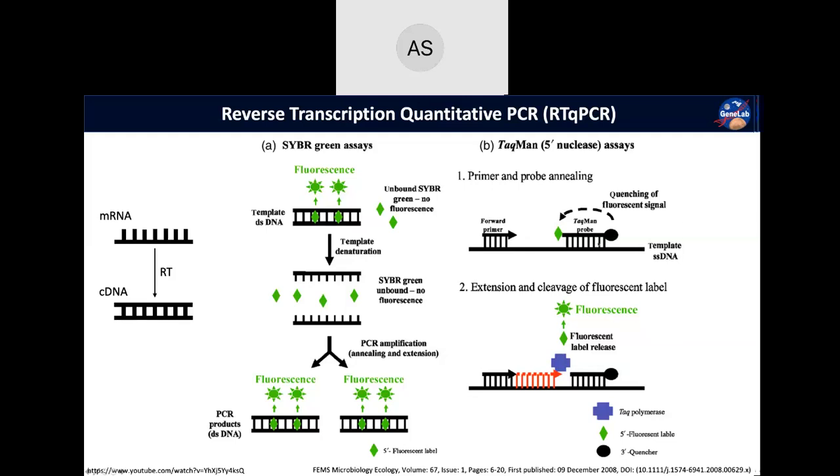But then as your polymerase is going through and adding on your nucleotides, it'll push right through your TaqMan probe, and it'll ultimately release your fluorescent signal, because then that fluorescent signal will be far enough away from the quencher that it will be able to fluoresce, and then we detect that fluorescence. So then similarly to what happens with SYBR Green, the more cycles you go through in your PCR, the brighter your signal. And then you can quantitate that with respect to your starting signal.